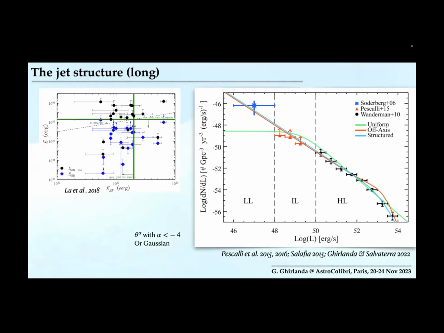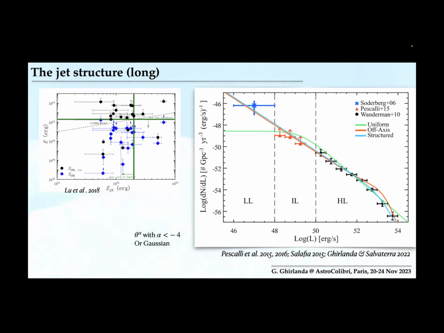I think it's striking to see that the supernova energetics are clustered within one decade or so, whereas the GRB energetics are distributed over several orders of magnitude. And this is true if you compute the isotropic equivalent energy, forgetting that there is a jet, but it's also true if you correct somehow for the presence of a jet, which are the red and the blue points here.